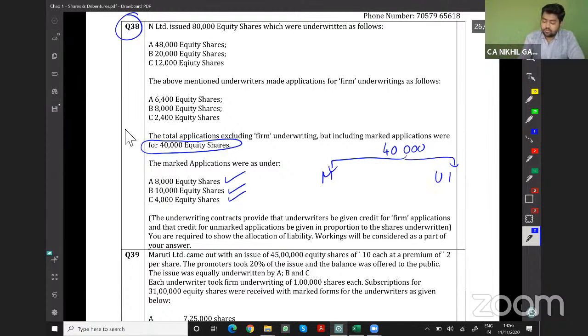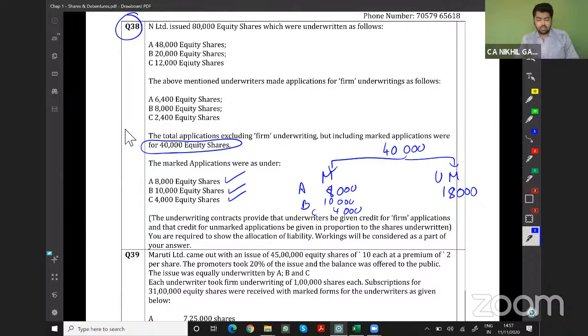The marked one in case of A is 8,000, in case of B is 10,000, in case of C is 4,000. So 8 plus 10 comes to 18 plus 4 comes to 22. The remaining unmarked applications are 40 minus 22, which comes to 18,000.